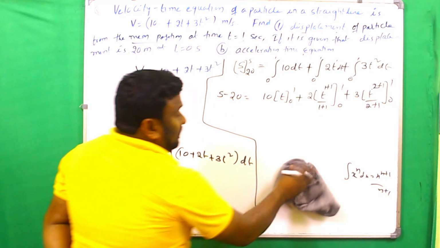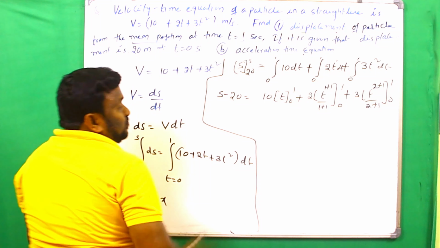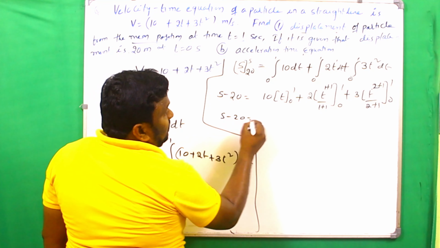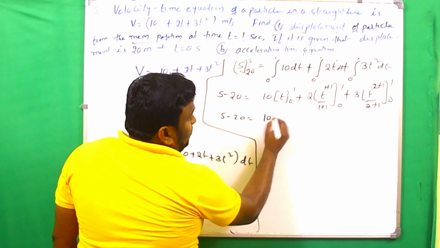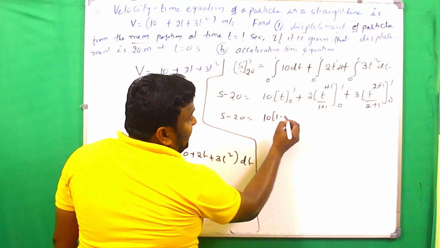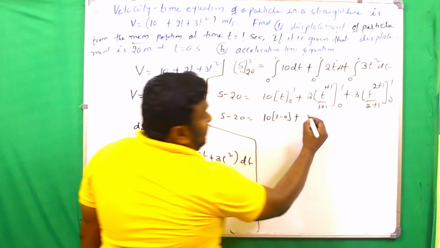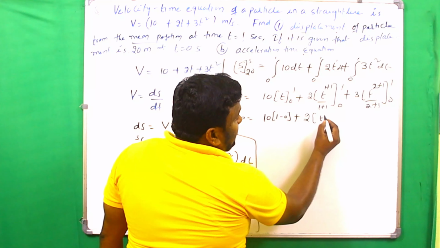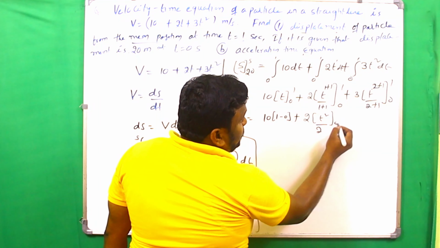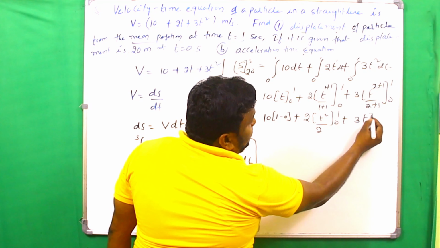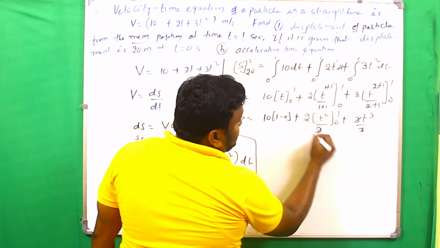Clear? Then s minus 20 equals 10 into (1 minus 0), plus 2 into t square by 2 from 0 to 1, plus 3 into t cube by 3, where 3 cancels and 2 cancels.